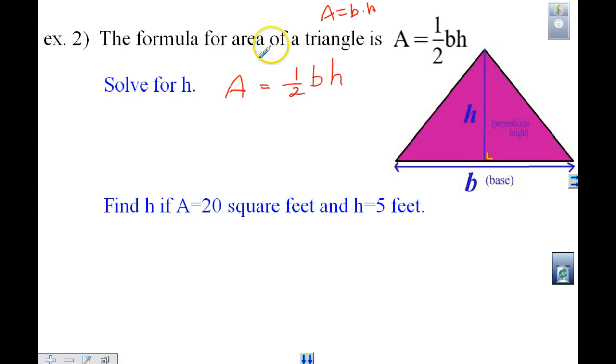Well, this is the area of any triangle. Of all triangles is this. Do you remember what base times height is? It's the rectangle. Area of a rectangle, base times height. That gives you how much space it takes up.